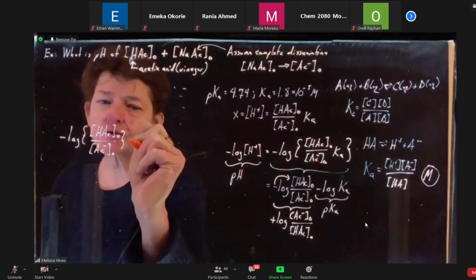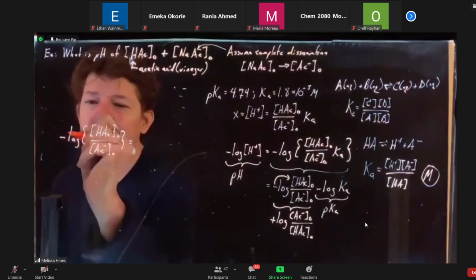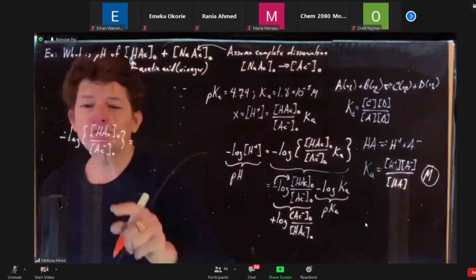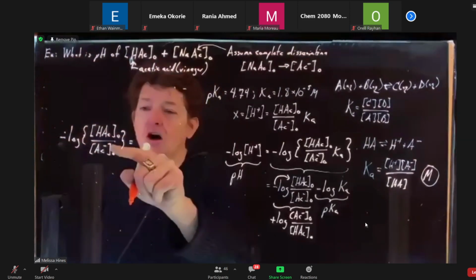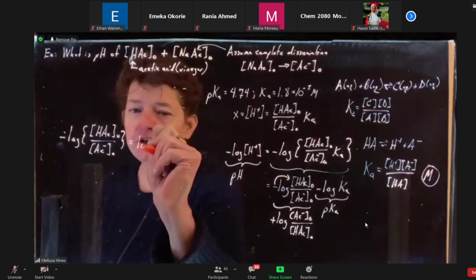I can take this minus sign in, and when I bring a number into the log, that turns into an exponent.